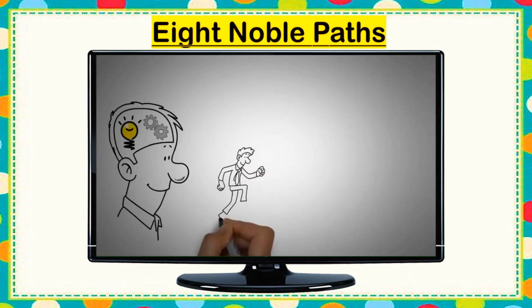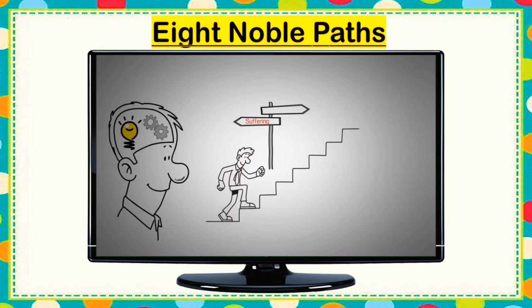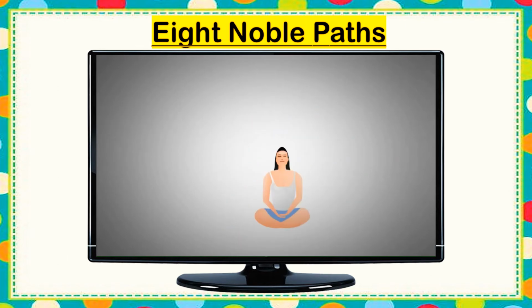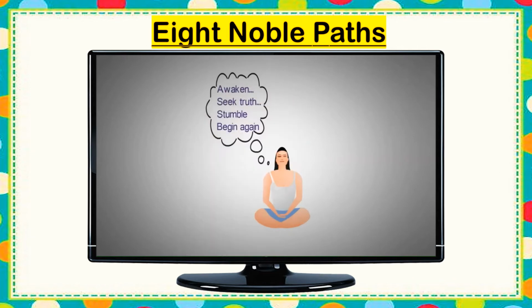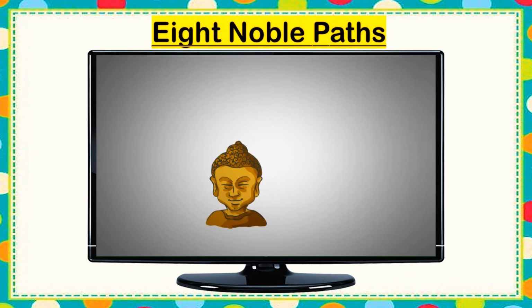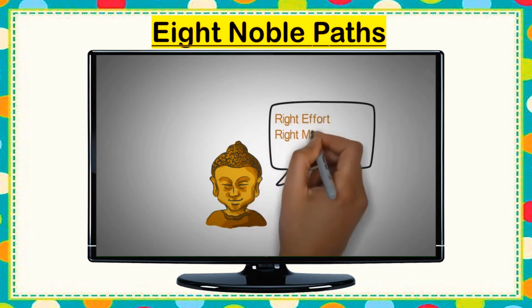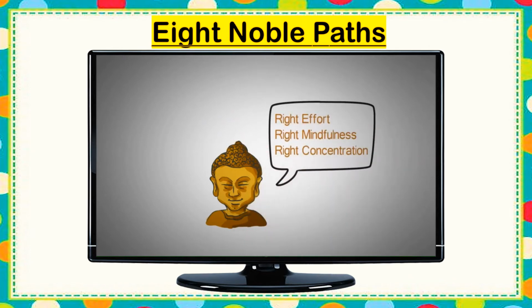And finally, you need to develop and maintain your skills so you can navigate the path more easily. In the Buddhist view, this would be known as concentration. It involves right effort, right mindfulness, and right concentration.